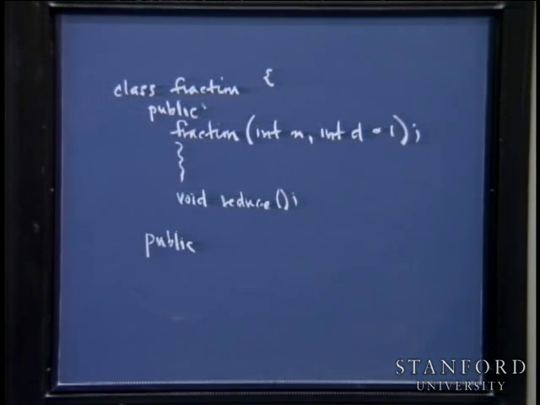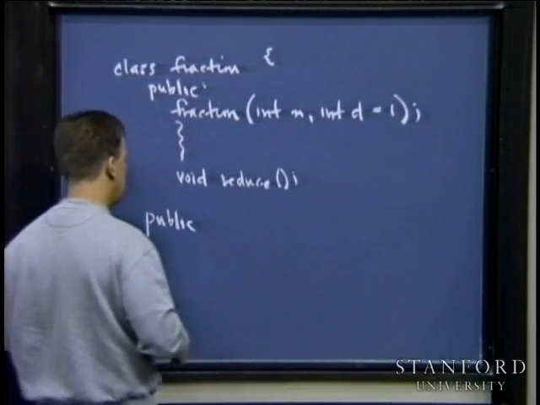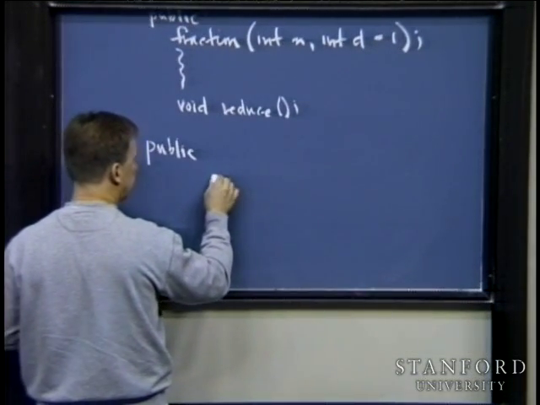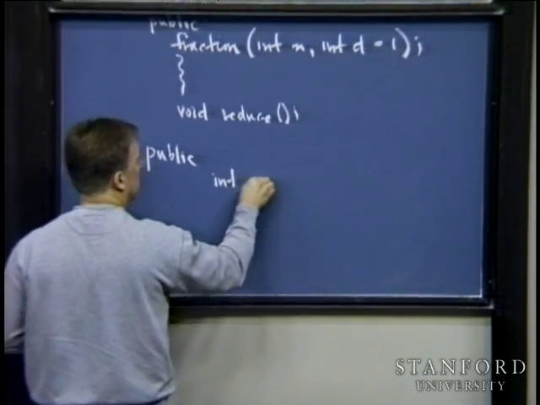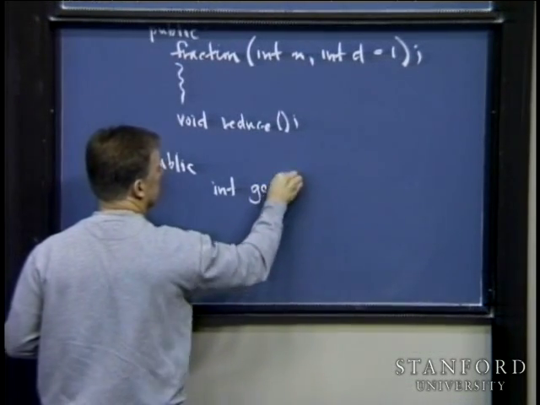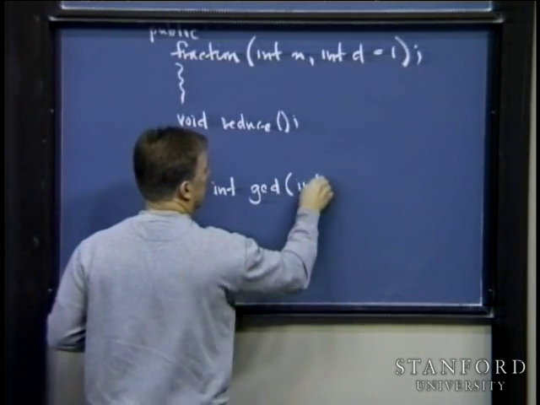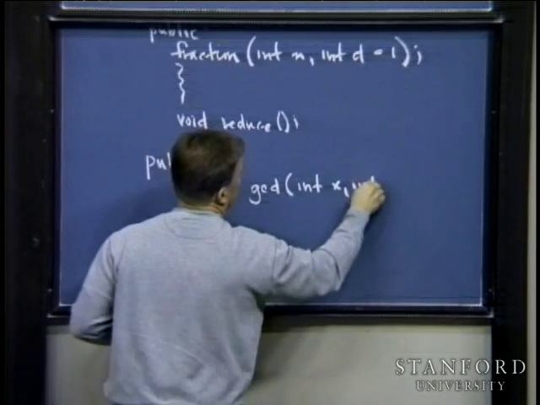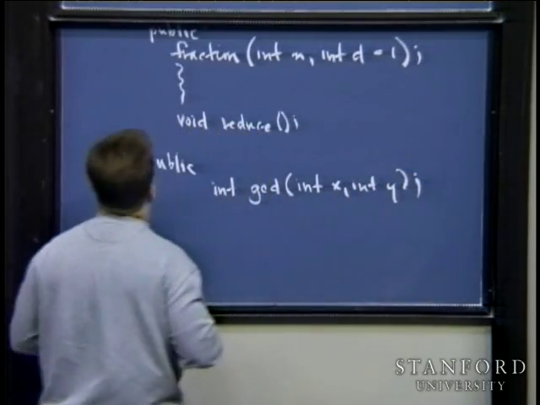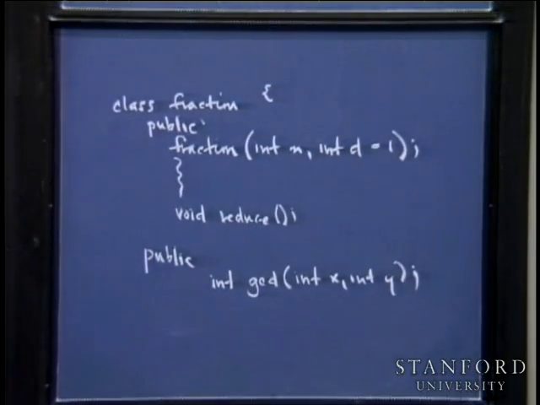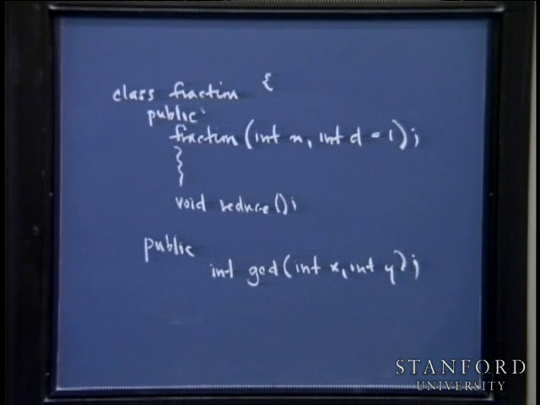Well, as part of that, typically what happens is that you'll write some function int greatest common divisor, int x and int y, and you'll scope it inside the fraction class because it might only be relevant to your fraction class. And you actually pass in these two parameters, and it really just behaves as a function because it doesn't need the this pointer in order to compute the greatest common divisor that goes into x and y.